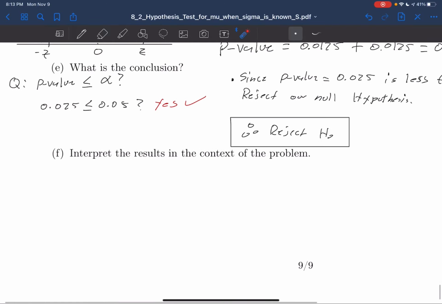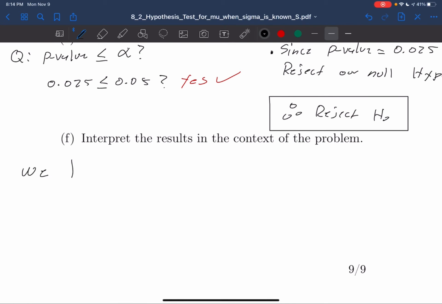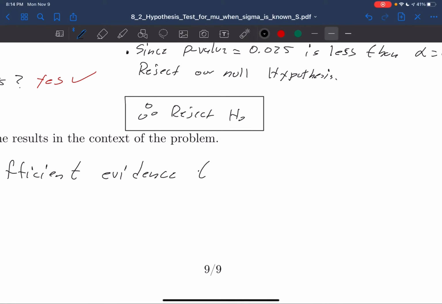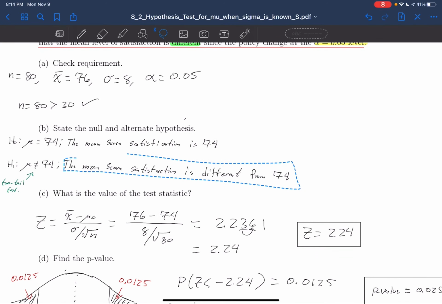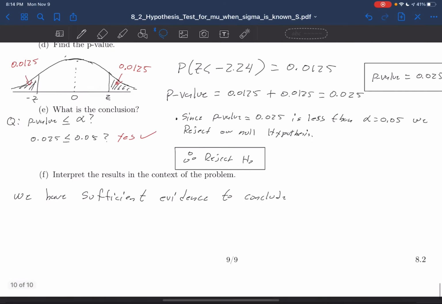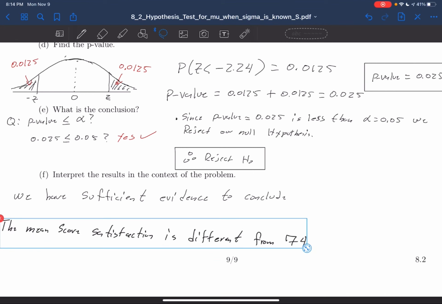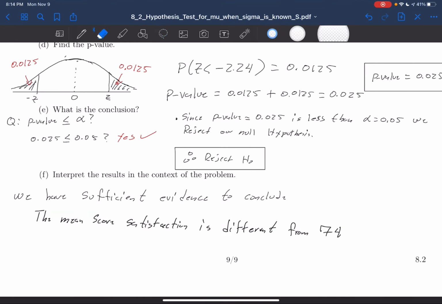So we could say that we have sufficient evidence to conclude that the mean satisfaction score is different from 74.